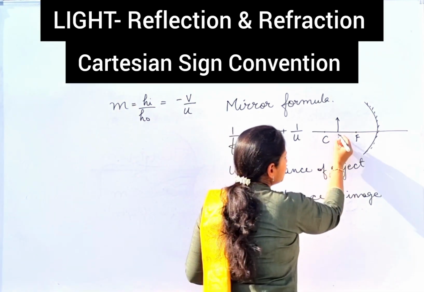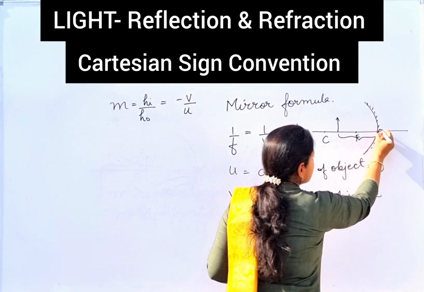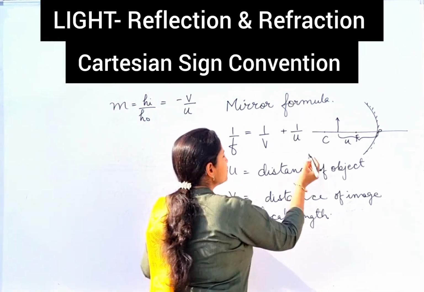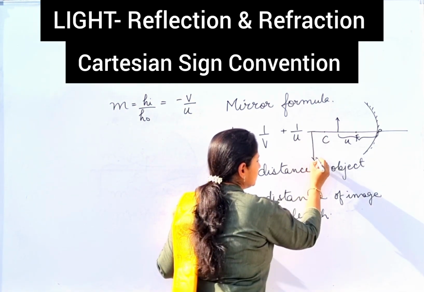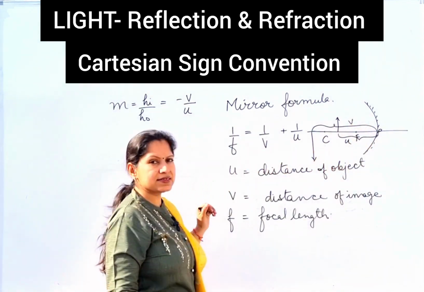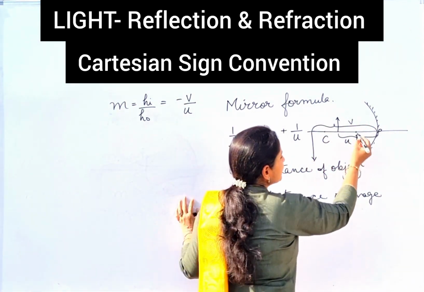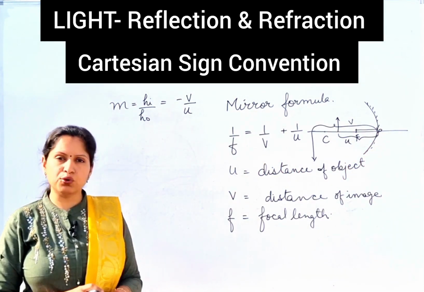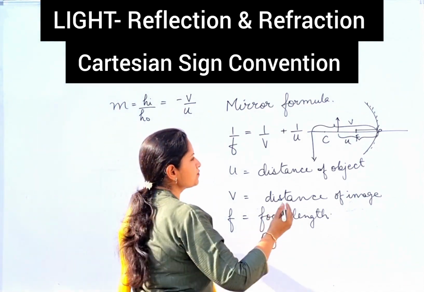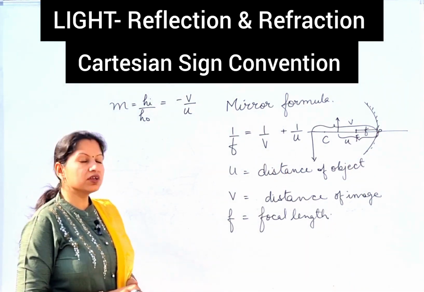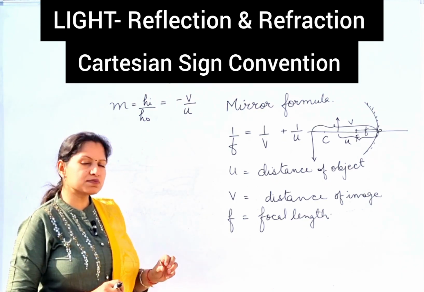So the distance of the object from the pole is known as the distance of object, that is U. Now suppose the image is formed here, then the distance of the image from the pole is known as V, and this length between the pole and the focus is the focal length. That is represented by small f. Focus point is represented by capital F, and focal length is represented by small f.